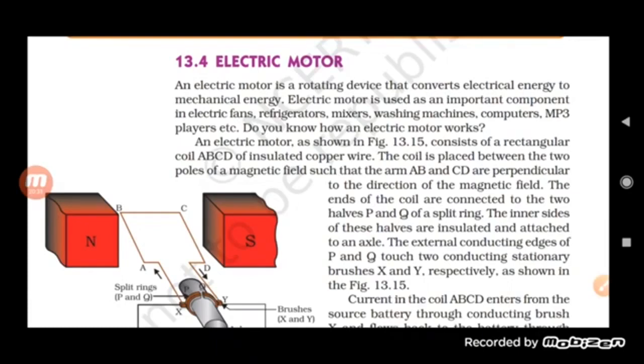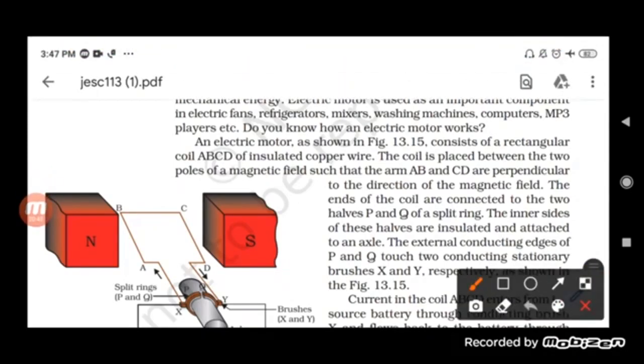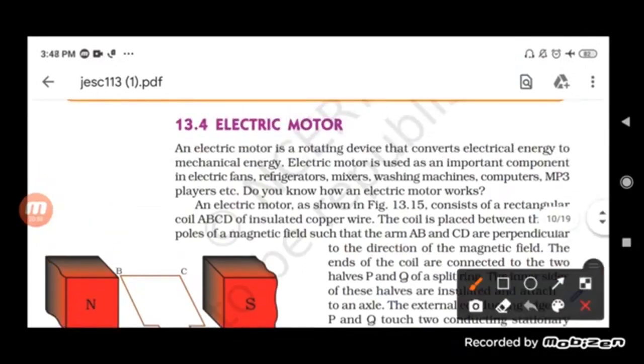So, the motor is a device that converts electrical energy to mechanical energy. It is a rotating device that converts electrical energy to mechanical energy.